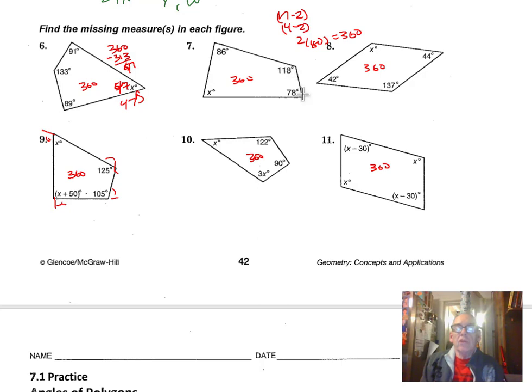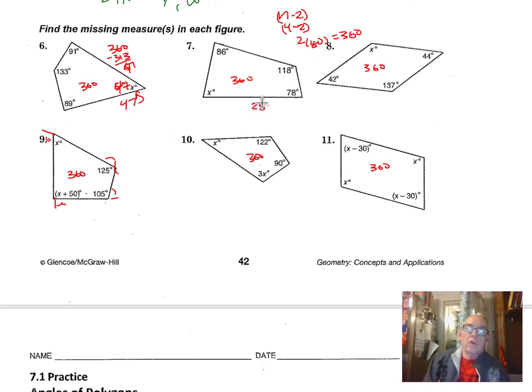Same thing for number 7. These all need to add up to 360, so we add the ones that were given and subtract from 360. So we have 118 and 78. 118 and 70 is 188, and another 8 is 196. And another 80 is 276, and another 6 makes 282.